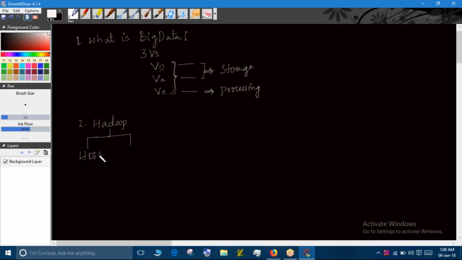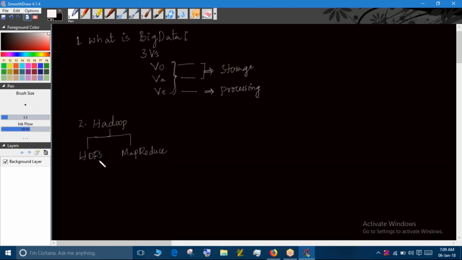HDFS and MapReduce. When I use a term called Hadoop, I implicitly mean HDFS and MapReduce. So HDFS is going to address your storage problem, and MapReduce is going to address your processing problem.